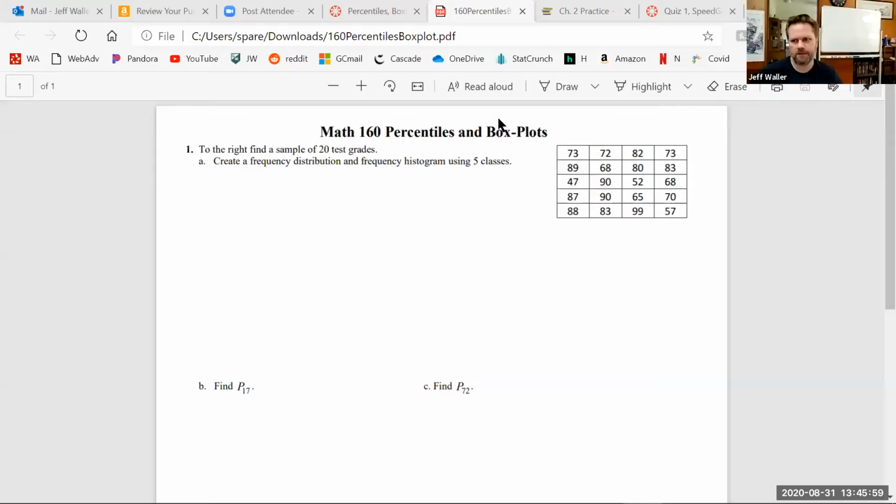This is the test grades one. Now, why am I having so much trouble with this? Let me download this just because. Okay, that's better.